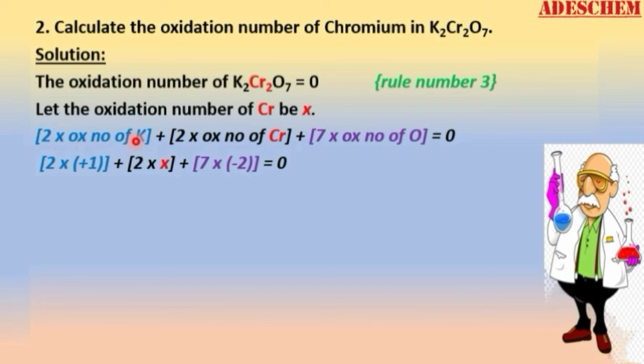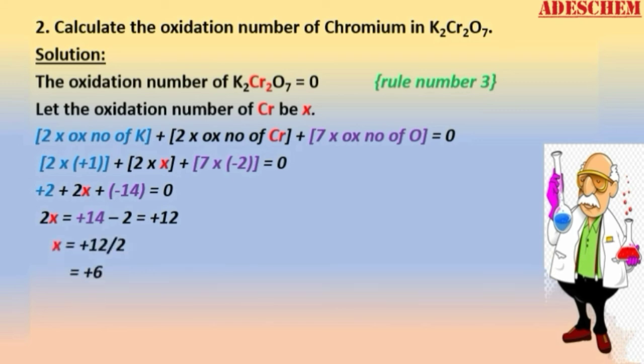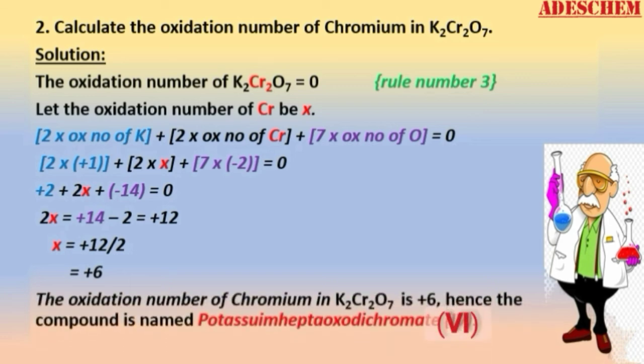That will mean 2 times plus 1 plus 2 times S, which is the oxidation number of chromium that we earlier stated here, plus 7 times minus 2, which is the oxidation number of oxygen, equals to 0. When you do your maths, you are going to find out that 2S is going to be equal to plus 12. Now that is going to give us plus 6 when you make S the subject of the formula. So therefore the oxidation number of chromium in K2Cr2O7 is plus 6.